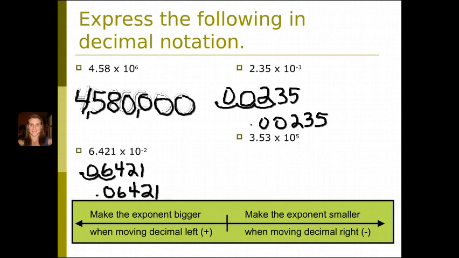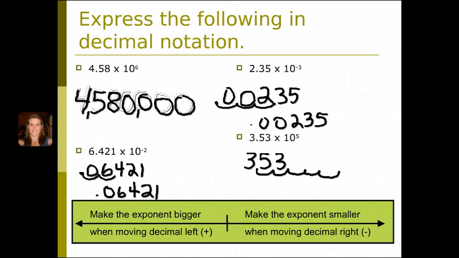And for the final example, we see our exponent is a positive 5, which means our decimal place is going to move to the right 5 places. I can start with my original number, 3, 5, 3. My decimal was here. If I move it 5 places to the right, it would be 1, 2, 3, 4, 5 would be the new place.